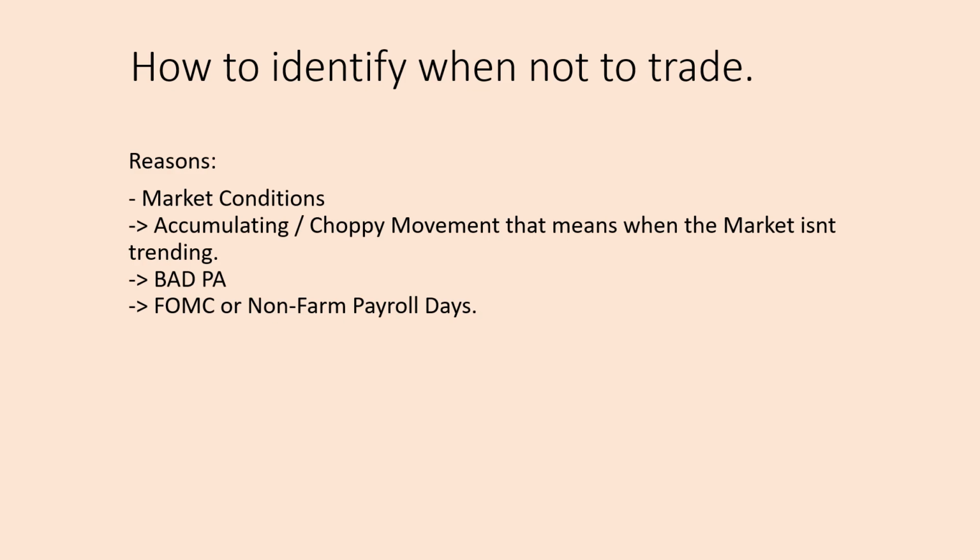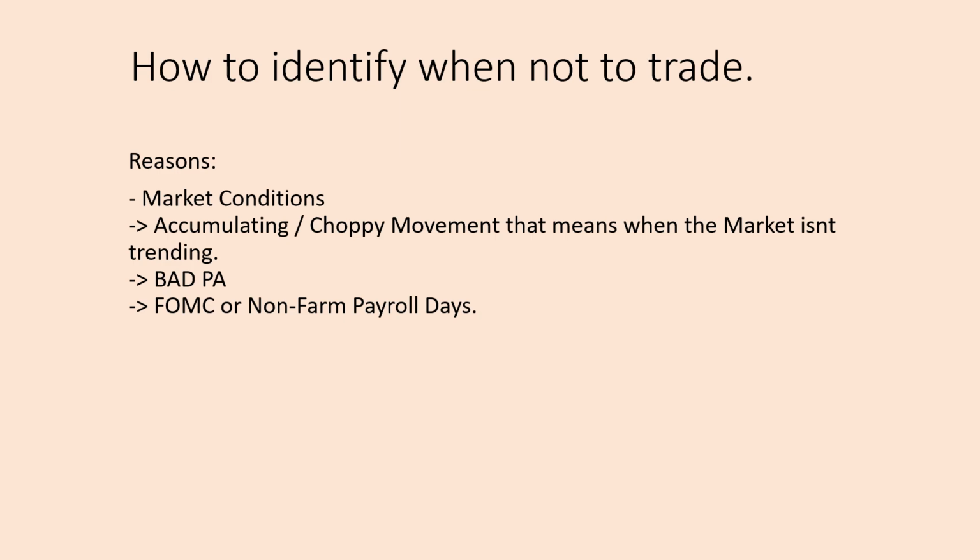The second reason is bad price action, like the price isn't respecting your order flow, for example, order blocks or fair value gaps, or it isn't respecting liquidity, especially in August or July.